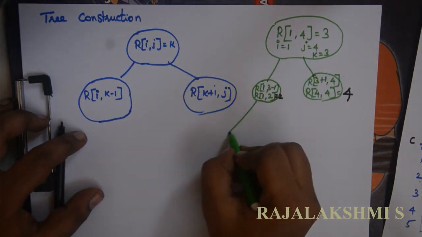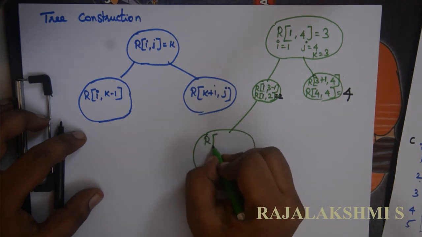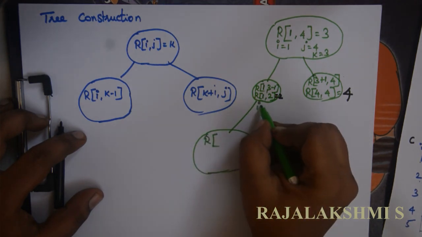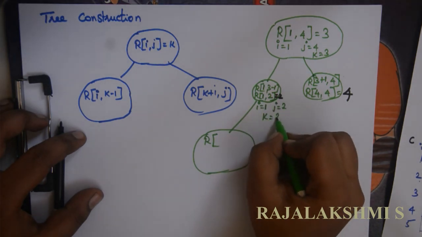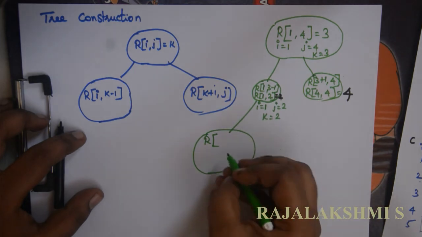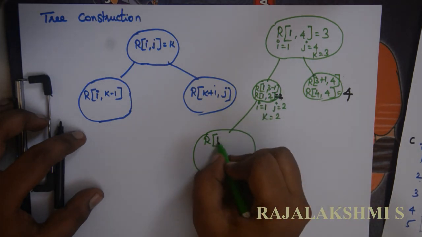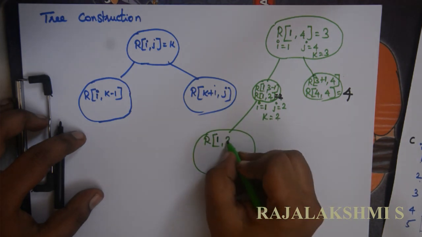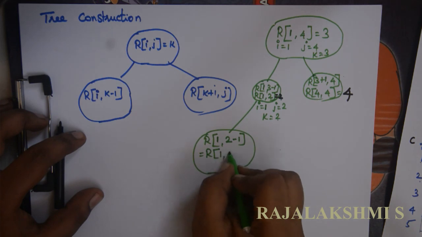Once again we expand this as r of i comma j. i is 1, j is 2 and k is 2. R of i comma j is equal to k. So r of i comma k minus 1: i is 1, k minus 1 is 2 minus 1, which is r of 1 comma 1.